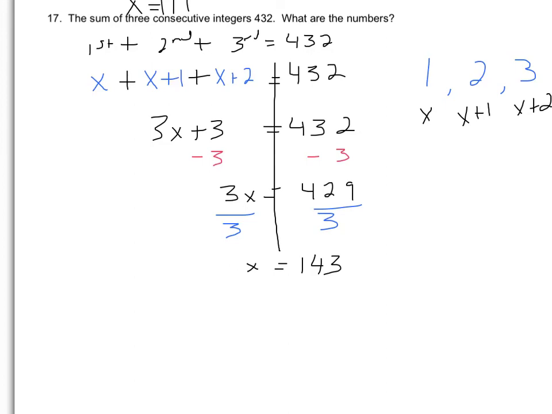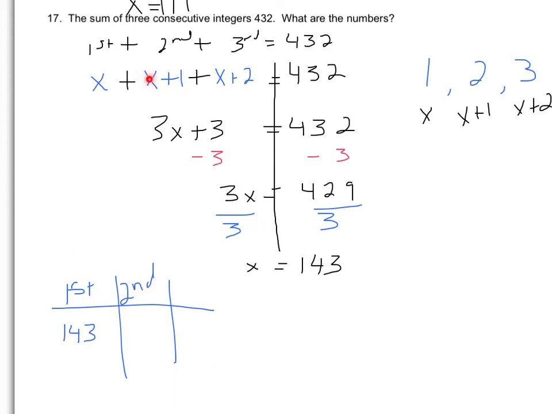So if I take this 143 and substitute it back in for the first term, that's just a simple substitution here. So our first term, the first number in the sequence, is going to be 143. For our second term, we're going to substitute this 143 in here.